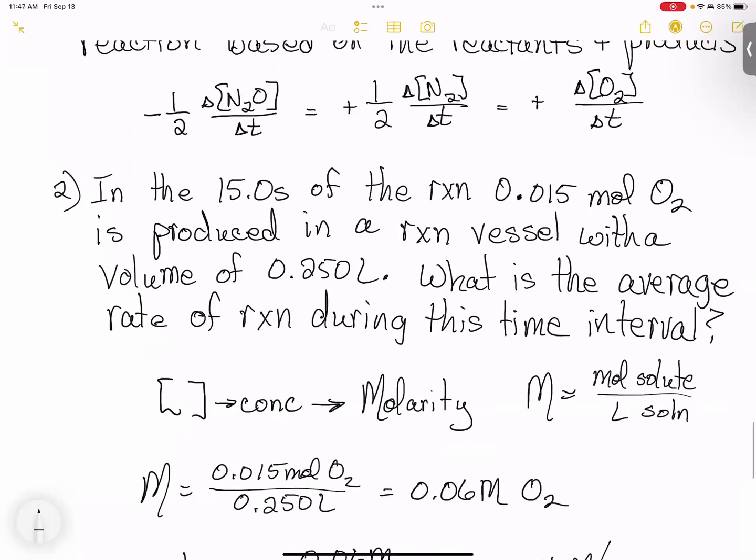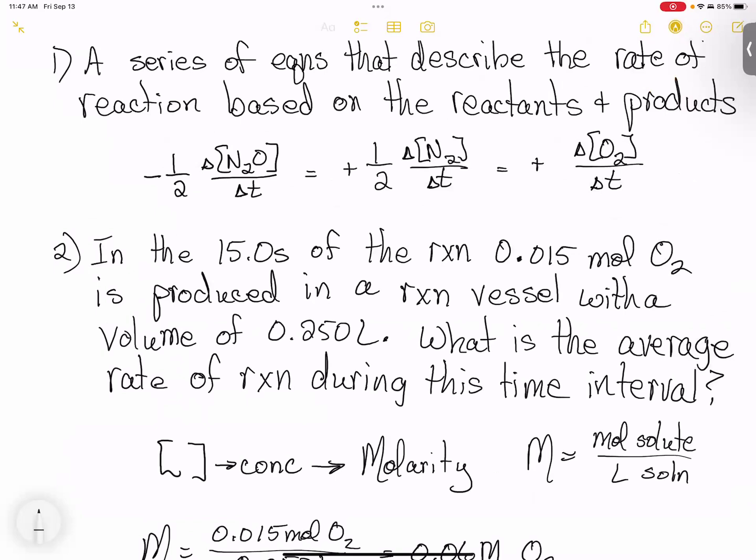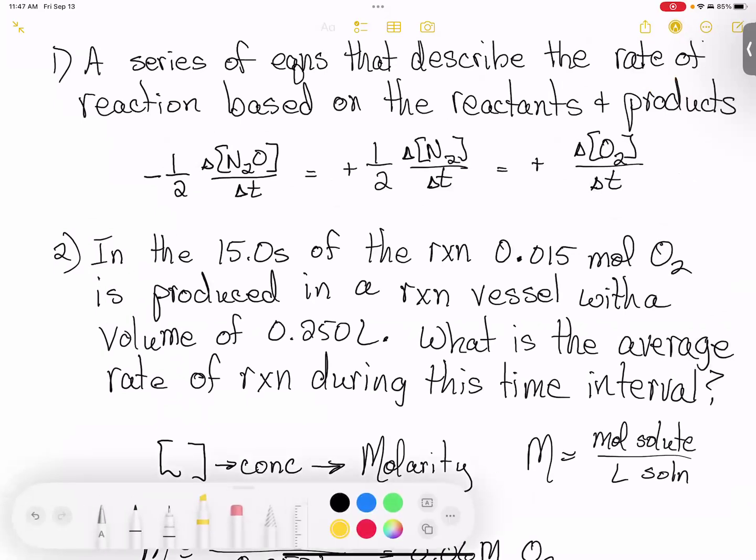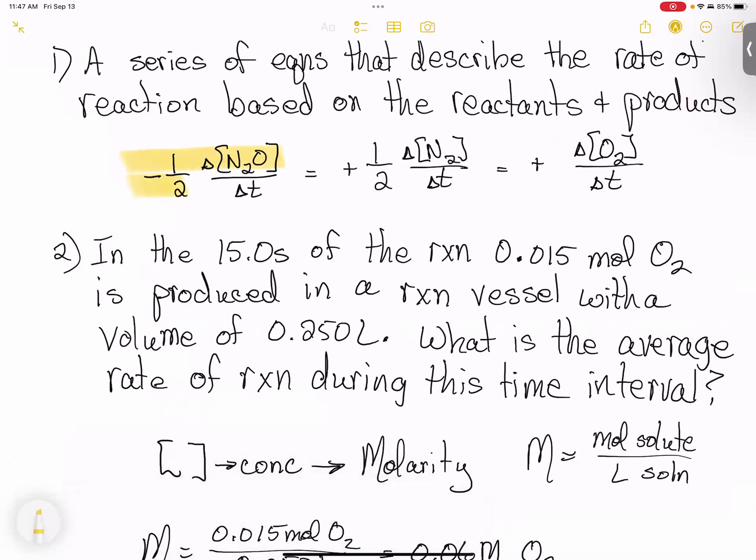Here is where you go back and you pull off the pieces you need. You need the N2O and you need the O2, because we've already made this equivalency.